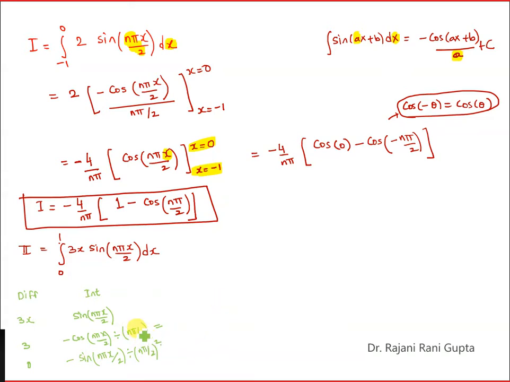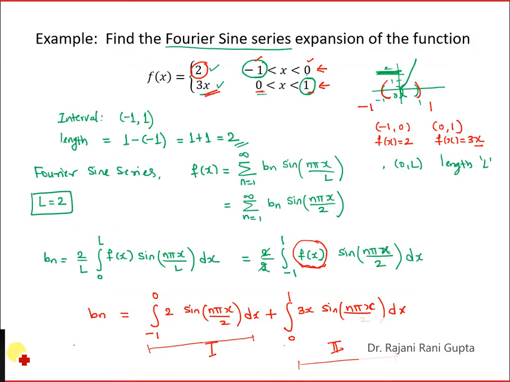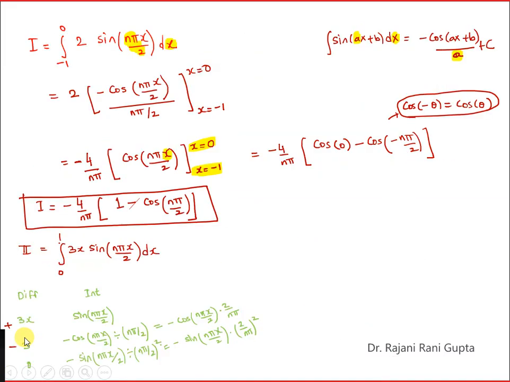It will become minus cosine n pi x over 2 times 2 over n pi, and the same concept here: sine n pi x over 2 times 2 over n pi squared. Then we put the signs, plus minus plus, and then multiply in cross. So let me take the place from here.